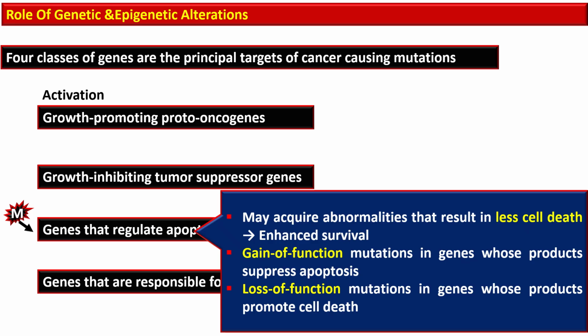Their effect is that DNA repair is defective due to their mutation. That leads to accumulation of mutations, and this creates a mutator phenotype marked by genomic instability. It indirectly accelerates tumorigenesis by allowing mutations in all gene classes.